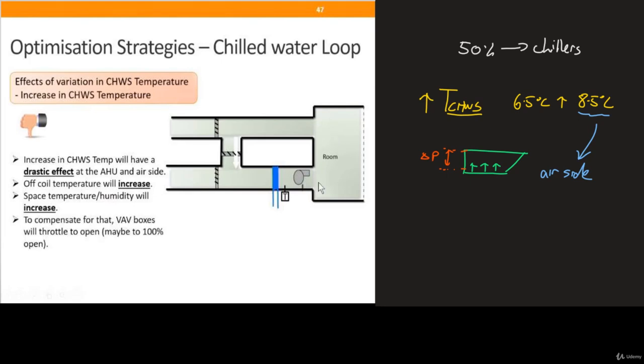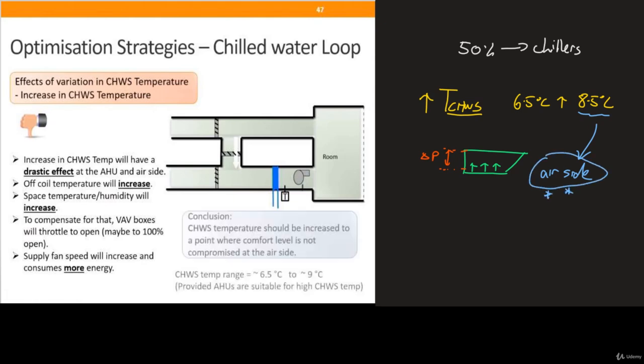And because of that, your VAV boxes will all start to open and your fan speed will definitely increase. So although your chiller is saving a lot of energy, your AHU side will definitely be consuming more energy.